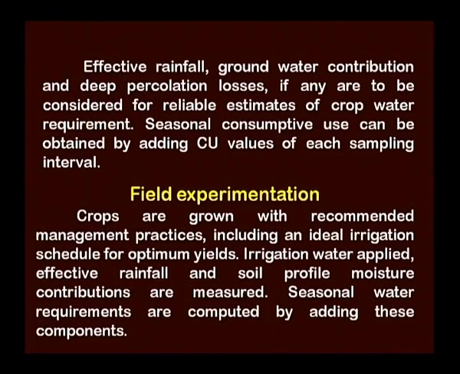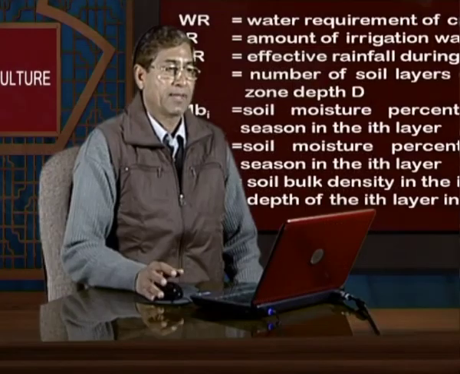Field experimentation. Crops are grown with recommended management practices, including an ideal irrigation schedule for optimum yields. Irrigation water applied, effective rainfall and soil profile moisture contributions are measured. Seasonal water requirements are computed by adding these components.